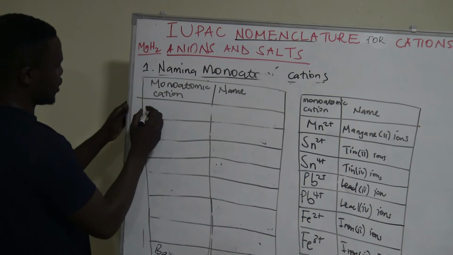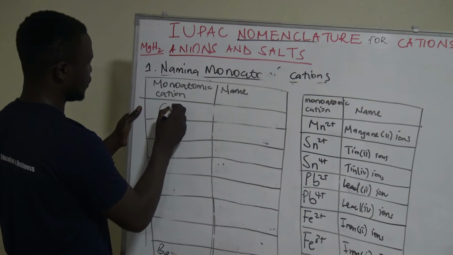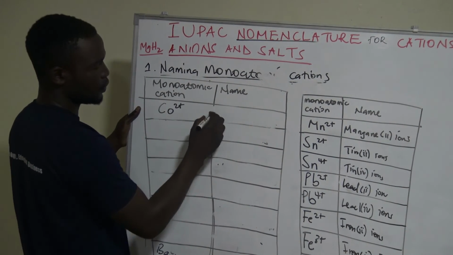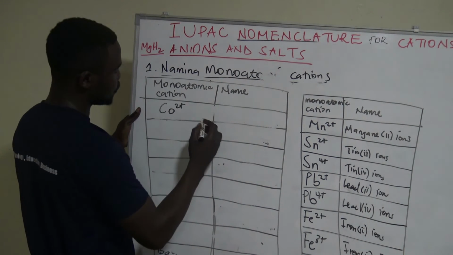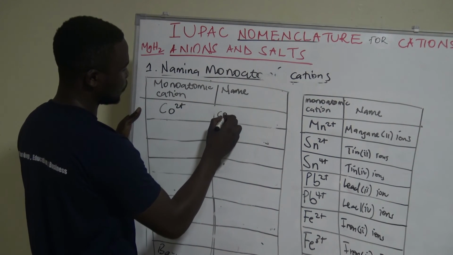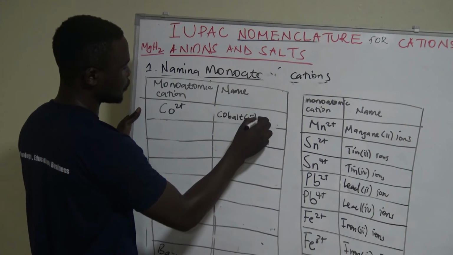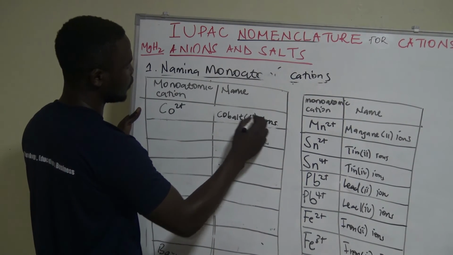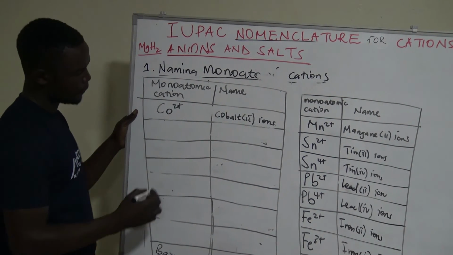Here I'm adding cobalt. So cobalt has two oxidation states, that is cobalt 1 and cobalt 2, but the most common state is cobalt 2. So this is cobalt(II) ions.